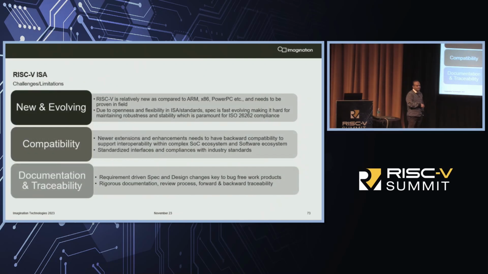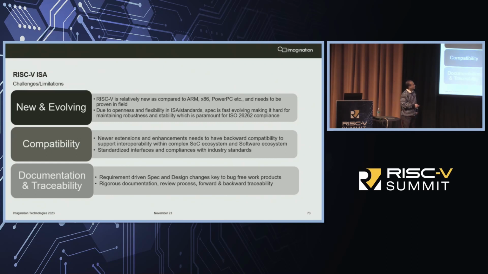Some of the challenges or limitations we have with the RISC-V ISA is that it is new and evolving. For the automotive industry, what matters the most is stability, standardization, and being proven in use.